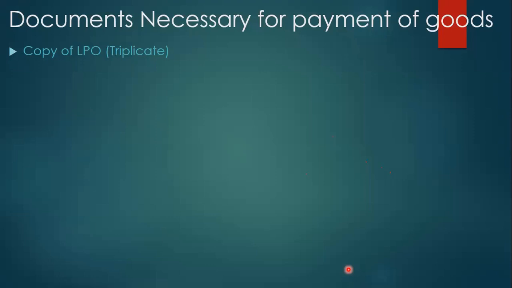The original leaflet is supposed to be given to the supplier, and from there he is given the warrant or authority to supply goods. The duplicate is filed in the procurement file. Then the triplicate is the one that is taken to the accounts department to pay the supplier or process the payment.